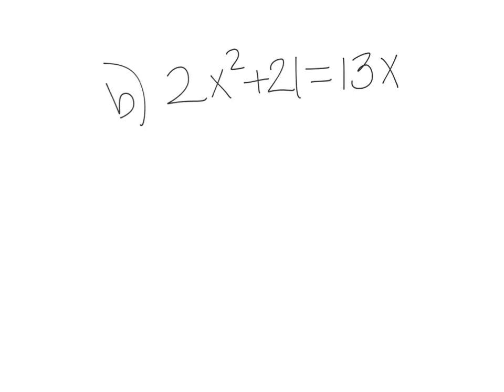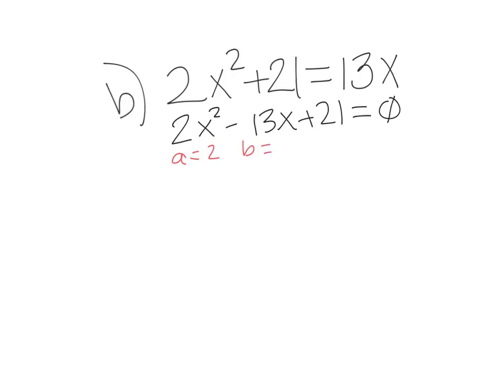Alright, so I subtract 13, and when you do that, it should look like this. Because you want it to be in standard form, ax squared plus bx plus c. Make sense? So then a is 2, b is -13, and c is 21.